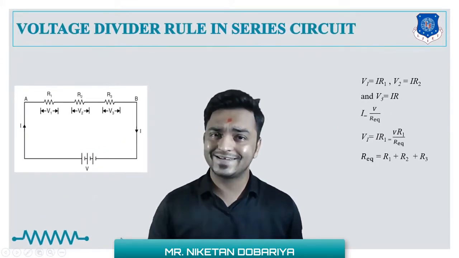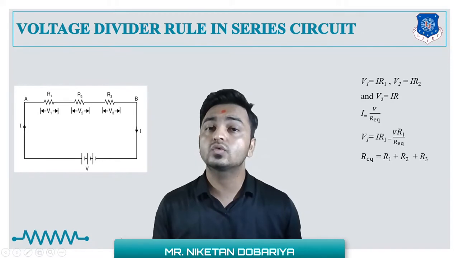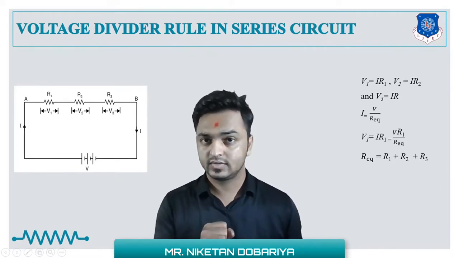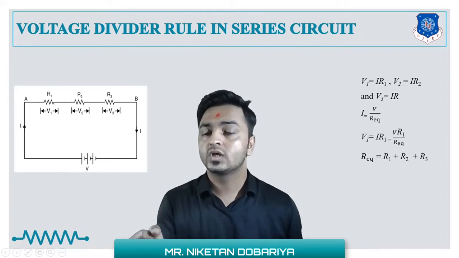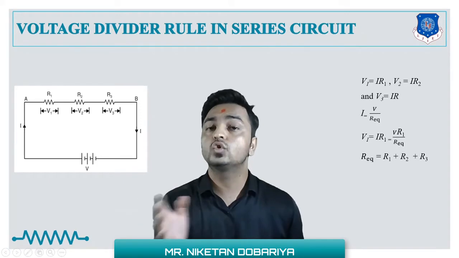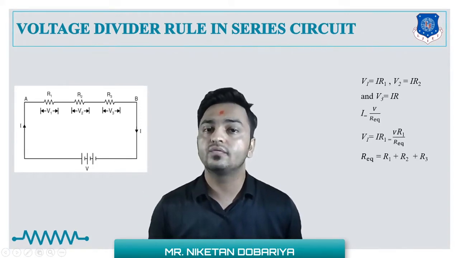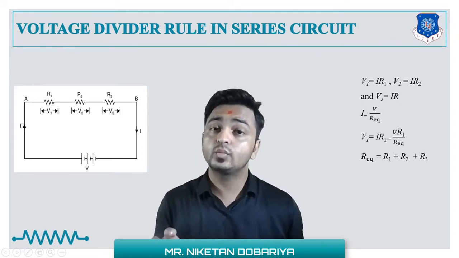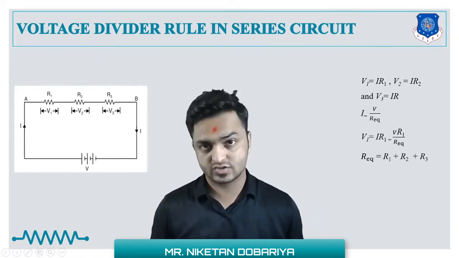Now in this series connection, we are going to discuss one more thing, and that is the voltage divider rule. As we discussed previously, in the three resistors, voltage is dividing as V1, V2, V3. Now we are going to find the values of V1, V2, V3 in the form of supply voltage.